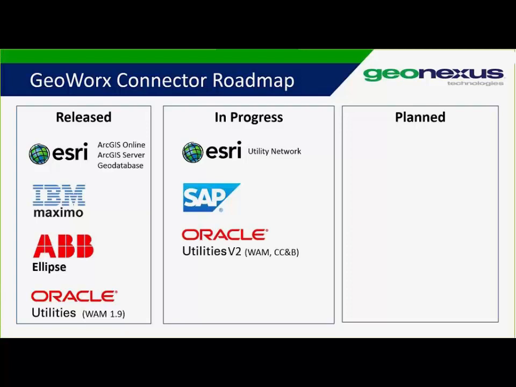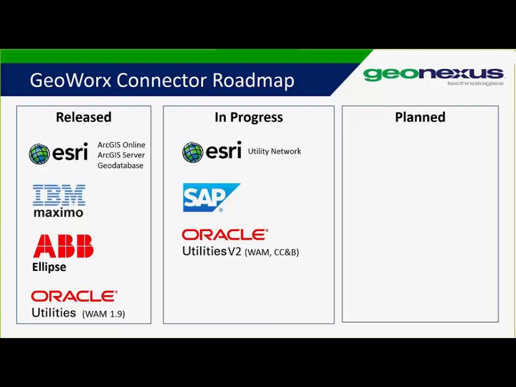And Oracle Utilities is coming out with some newer technology called Oracle Utilities version 2, and we're almost done with our connector for that product so that when Oracle customers move from 1.9 to version 2, they'll be able to upgrade and receive that new connector.